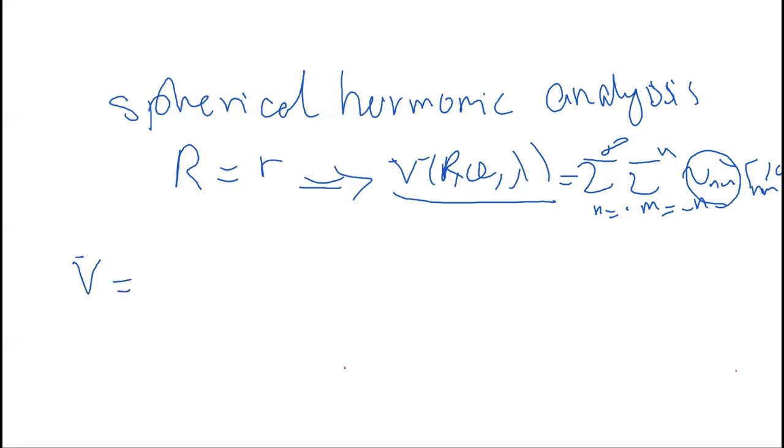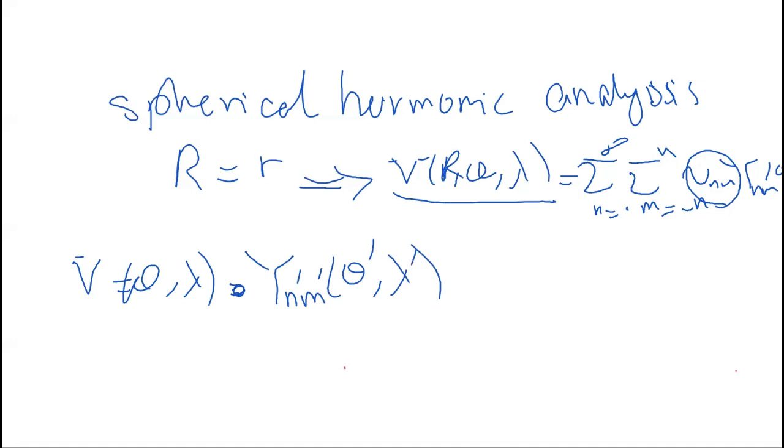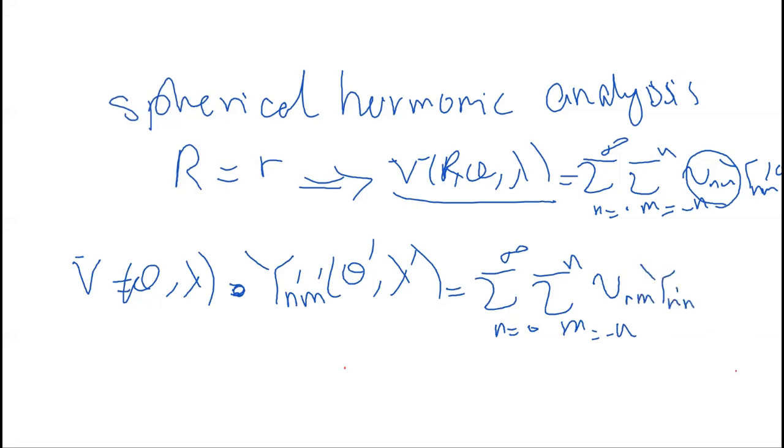V of theta lambda equals, I multiply this by Y_n'm' of theta prime lambda prime, another function, and the summation, n equal to 0, m from minus n to n, V_nm remains here, and I will multiply by Y_n'm' of theta prime lambda prime, and I will continue this here, Y_nm of theta lambda.